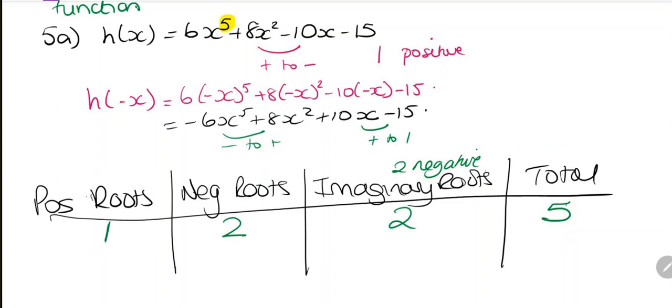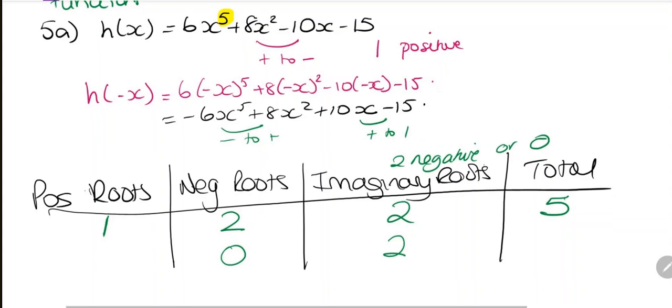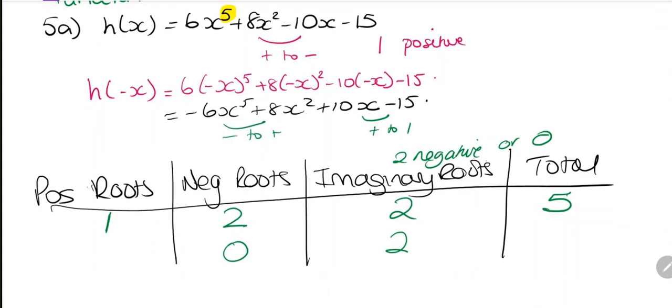Or if we had 2 negatives or 0: if we got 2 negatives, we would have 2 imaginary roots, or if we had 0, we could have 4 imaginary roots.